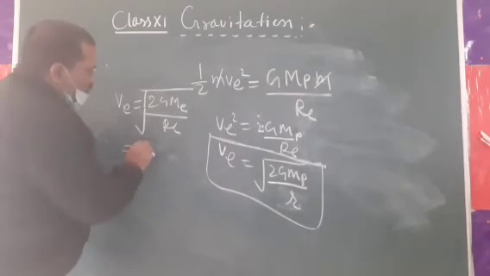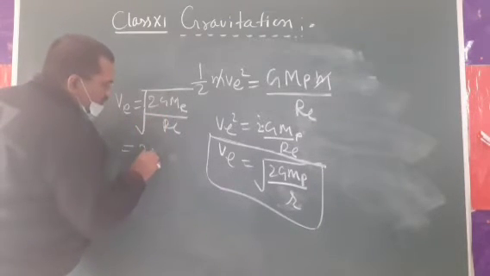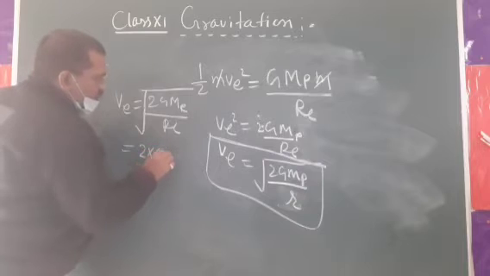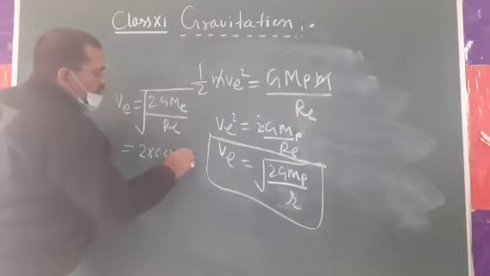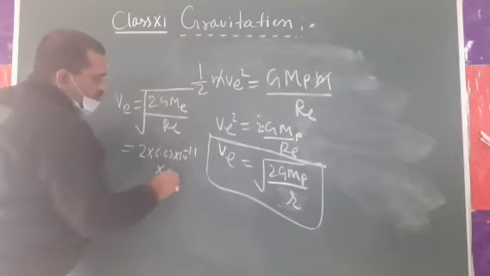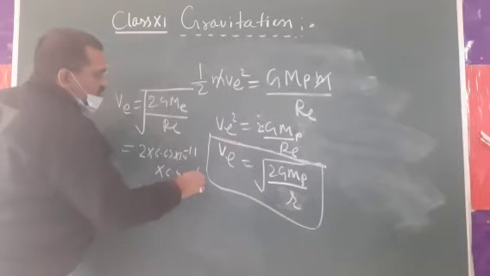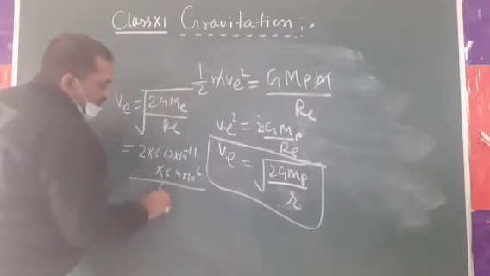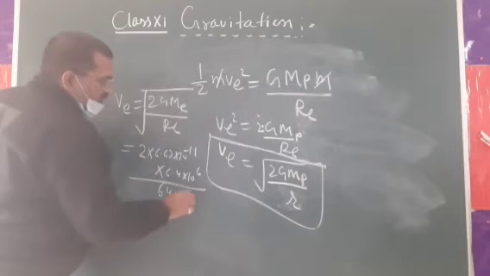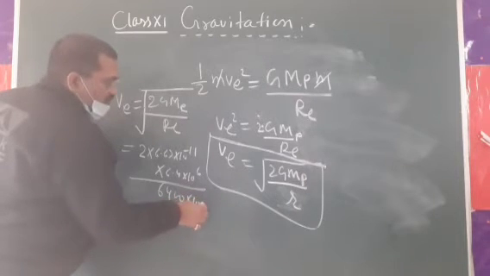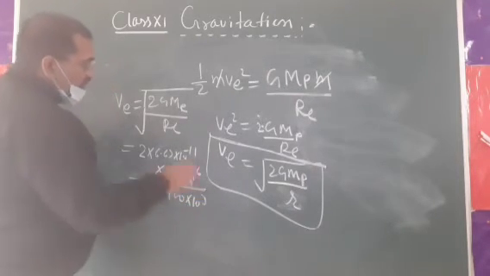So 2G is 6.67 into 10 to the power minus 11, mass of Earth 6.4 into 10 to the power 24 kg, R_E 6400 kilometer, that is 10 to the power 3 meter.